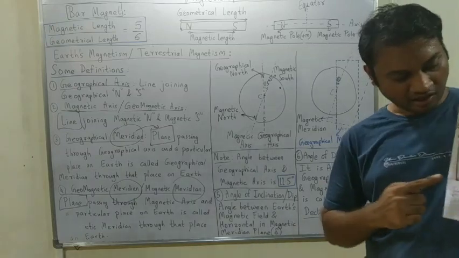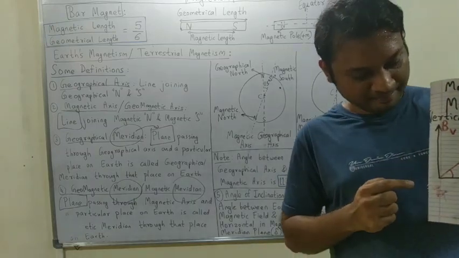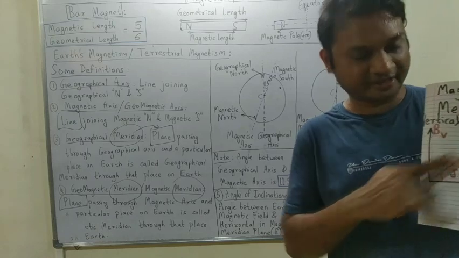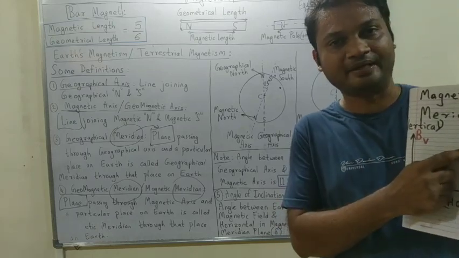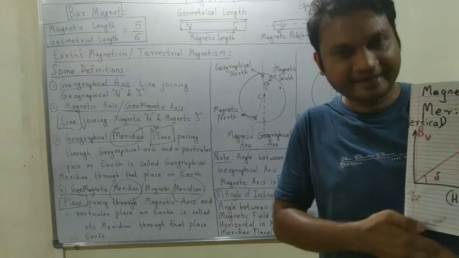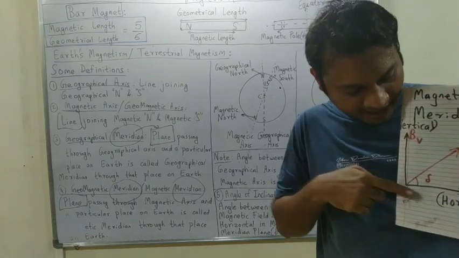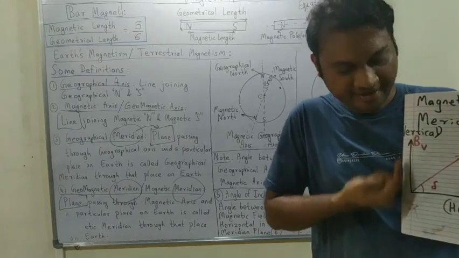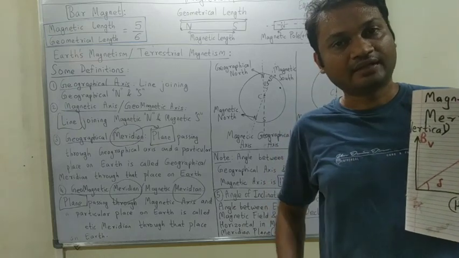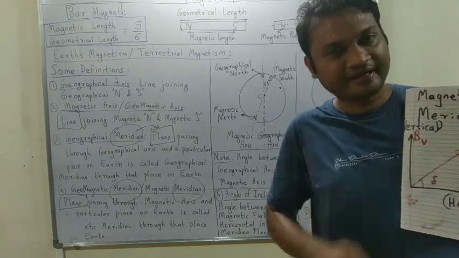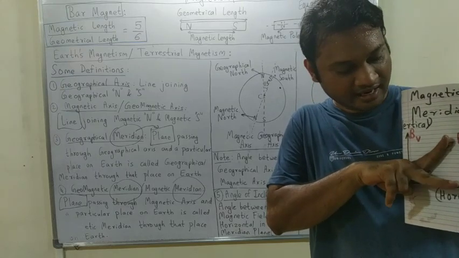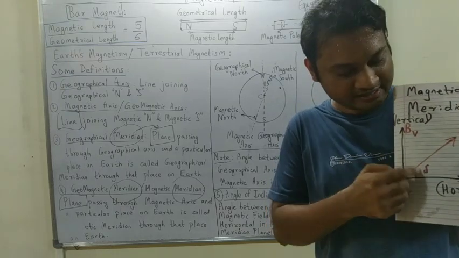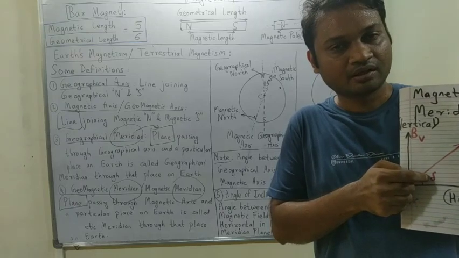We consider Earth's magnetic field in magnetic north-south direction shown by red line denoted by symbol capital B. In this magnetic meridian plane, we have marked the horizontal direction and vertical direction. The angle between Earth's magnetic field and horizontal is called as angle of dip.